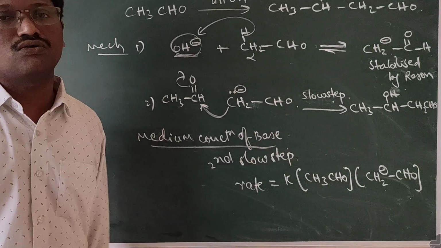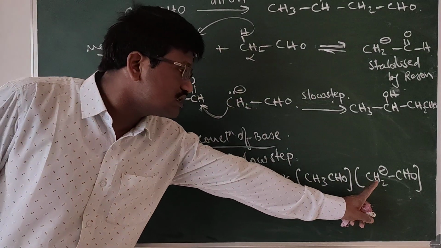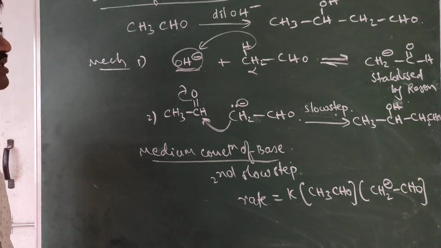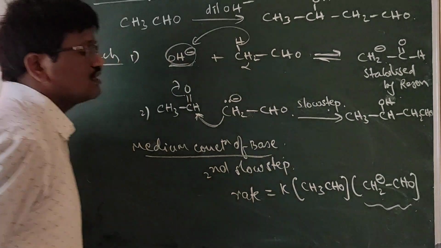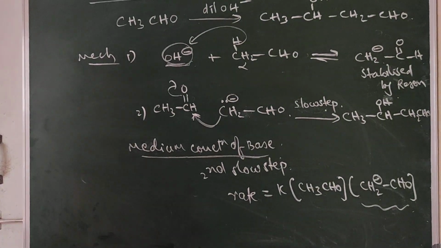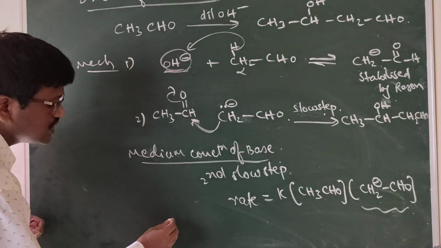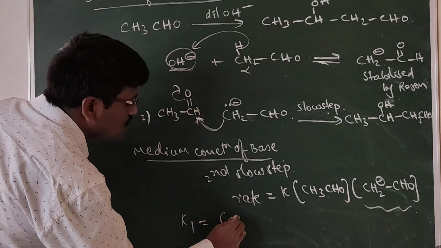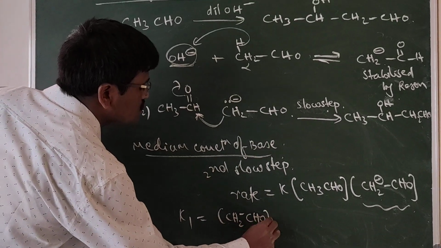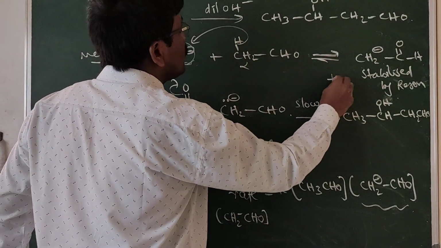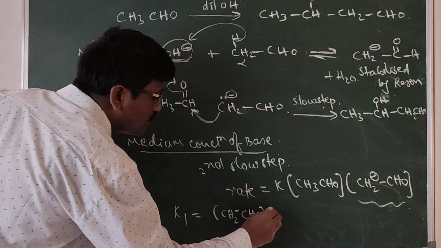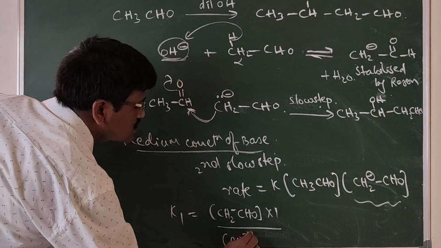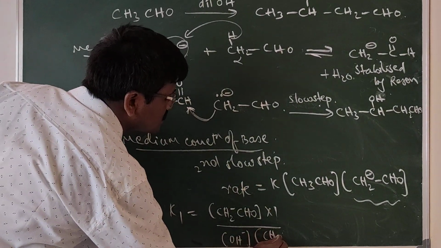So we should not take the concentration of this carbanion in the rate expression. We have to replace the carbanion concentration. To replace it, go to the first step. In the first step, K1, the equilibrium constant, equals the concentration of carbanion into water, where water concentration is 1 because it is a pure compound, divided by the concentration of the base into the concentration of aldehyde.